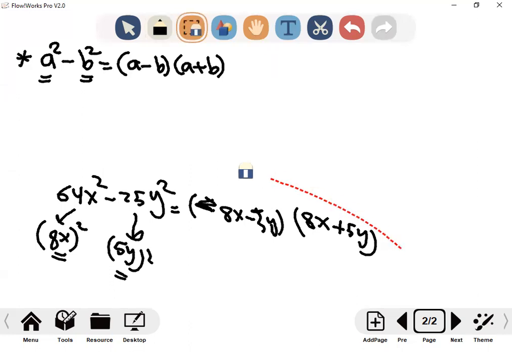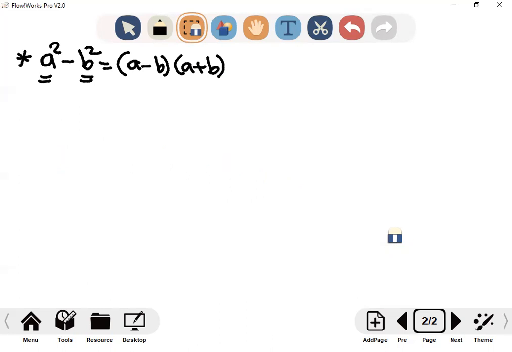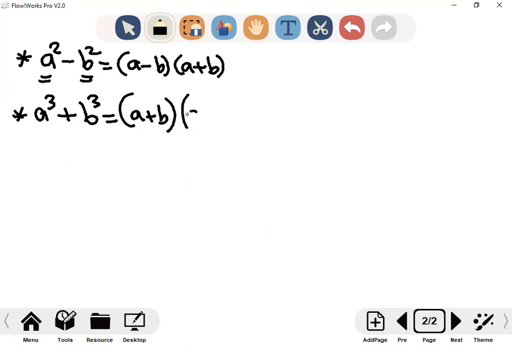The second formula was something we call sum of two cubes. This is the formula, not the example. If you have a power 3 plus b power 3, this is equal to a plus b multiplied by a power 2 minus a times b plus b power 2.